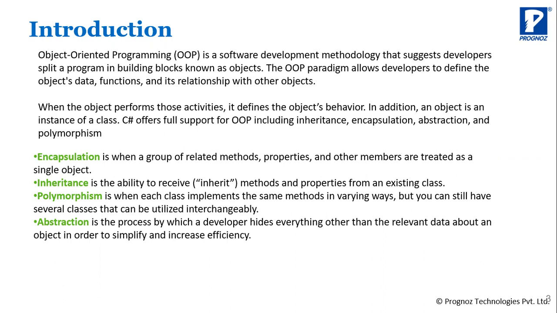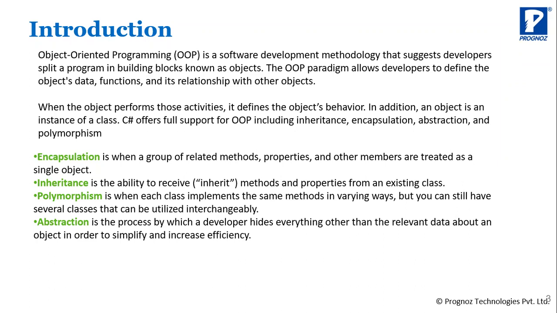The object oriented methodology allows the developer to define the objects, like data, functions, and their relationship with other objects. When you talk about the object oriented programming concept, whenever a developer writes the program and creates an object, it is defining the data, for example, employee name, employee salary, employee department.